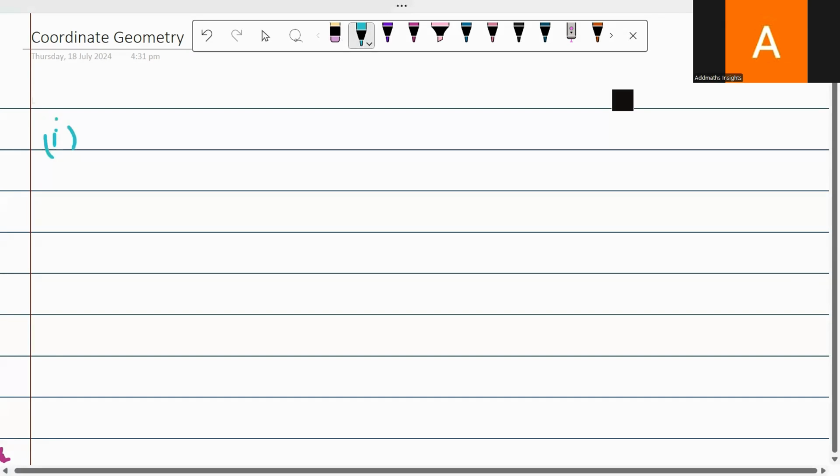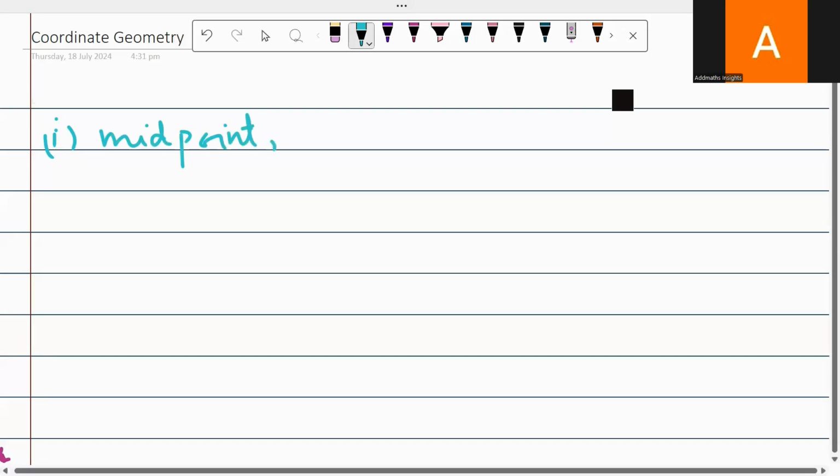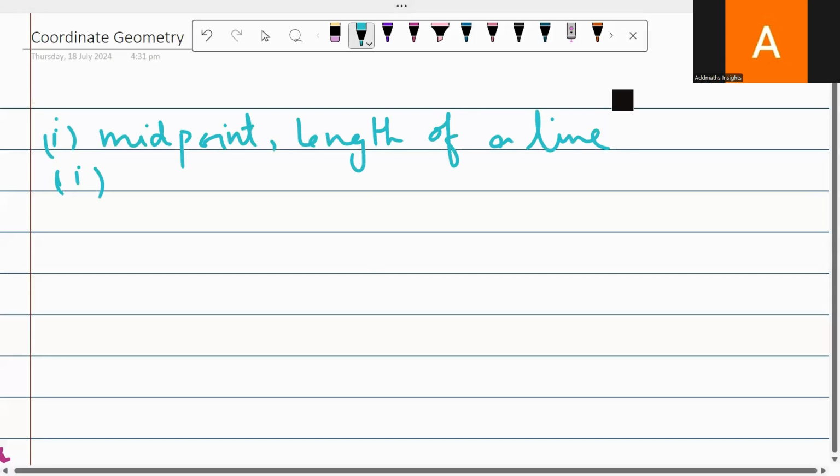questions involving midpoint and the length of a line, and use the condition for two lines to be parallel or perpendicular.